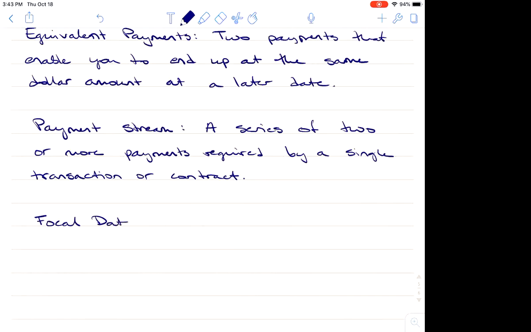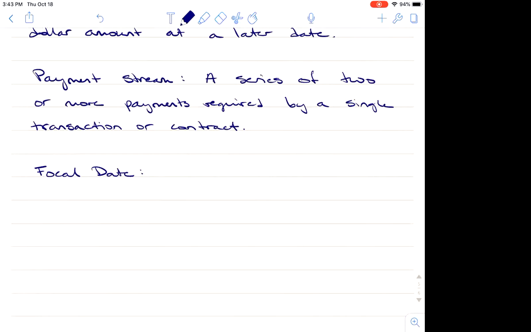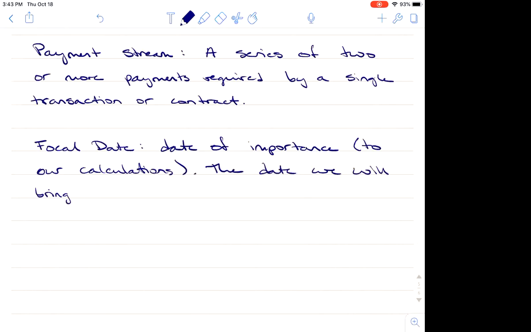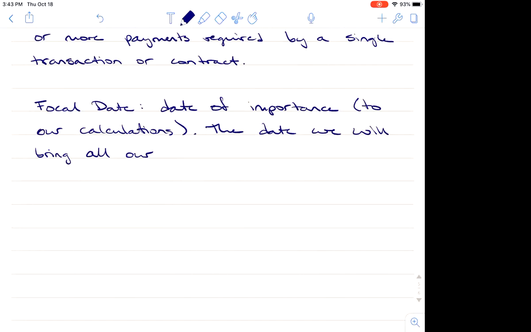So the focal date is a date of importance to our calculations. It's the date we will bring all our calculations to. You'll see what I mean.